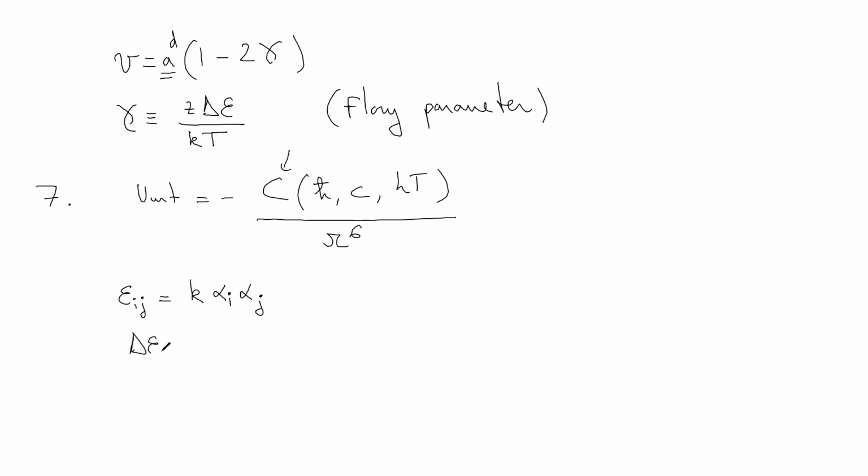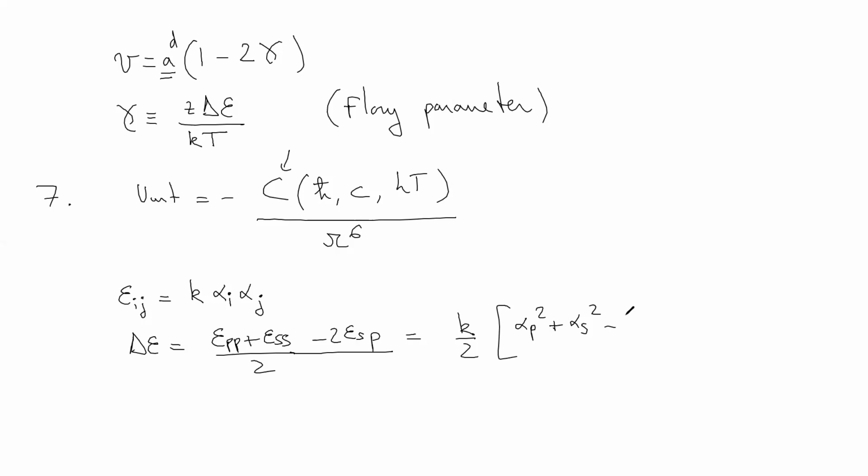Therefore, delta epsilon, which remember was (epsilon_pp plus epsilon_ss) over 2 minus epsilon_sp, can be rewritten this way as k over 2 times (alpha_p squared plus alpha_s squared minus 2 alpha_s alpha_p). So it's immediately clear that it is a positive quantity, a square. Good. So delta epsilon is bigger than 0, which means that psi, the Flory parameter, is always bigger than 0.